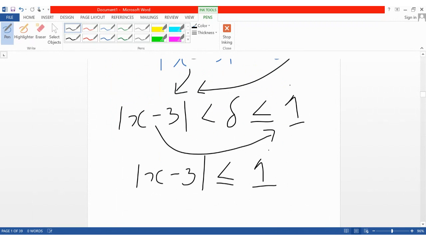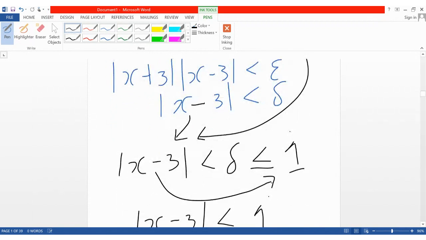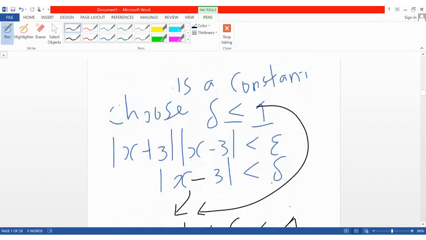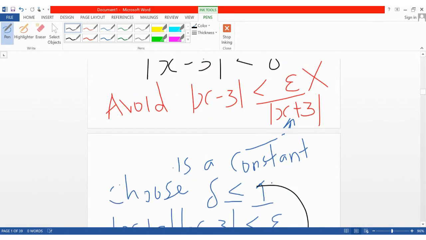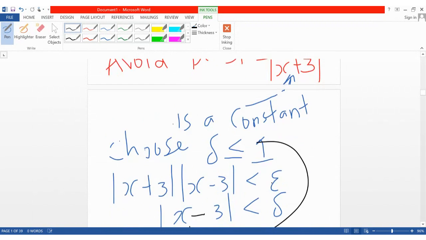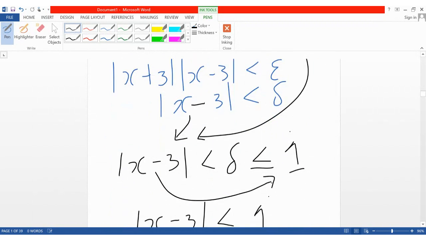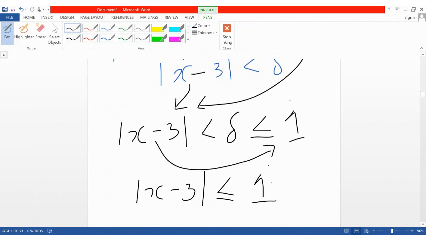But first of all, only deal with the delta. Our delta is here. It was x minus 3 is less than delta. I've said my x minus 3 is less than delta, which is less than or equal to 1. Then x minus 3 has to be less than or equal to 1, basically, because this is less than delta, but again, delta is less than or equal to 1. So you can go to the final one now.